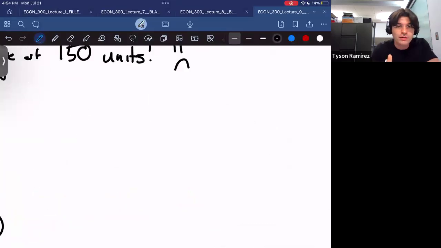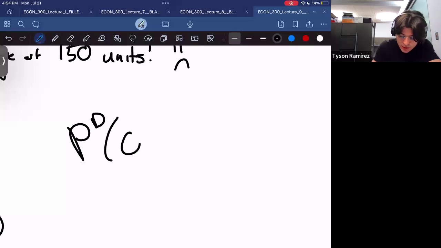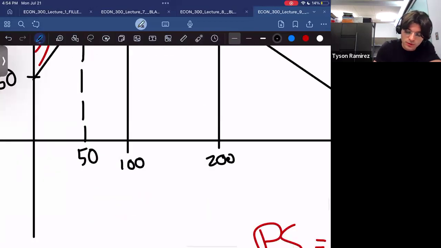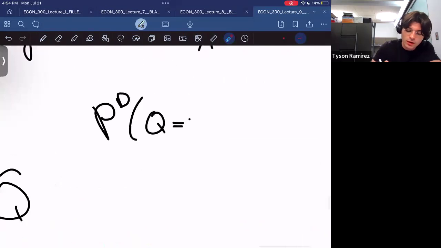let's look at the demand curve. Remember, this is an inverse demand curve. The consumer's willingness to pay at a quantity equal to, remember, producers are only producing 50. There's only 50 things to go around.